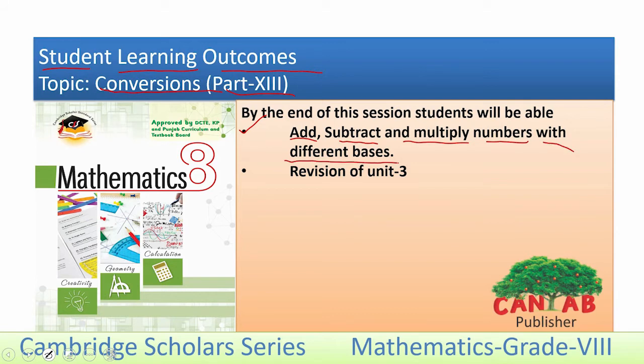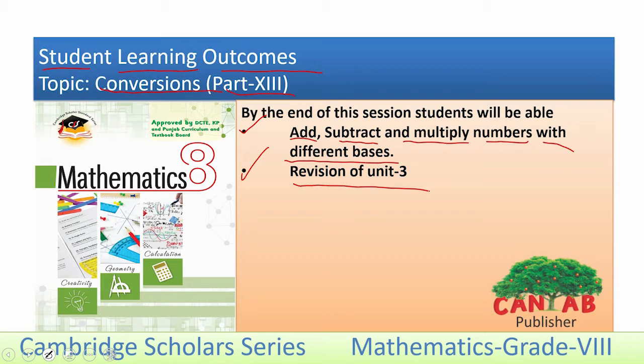If numbers are given with different bases, then we will convert the different bases into the same base, and then we can multiply, add, subtract, and perform the different operations. In the second SLO, we will revise Unit 3. We will complete a complete review exercise and the assignment.